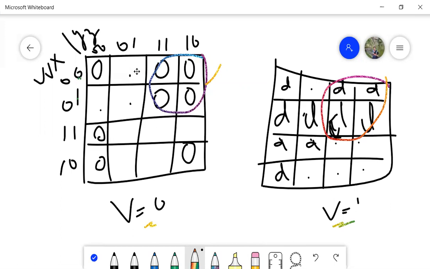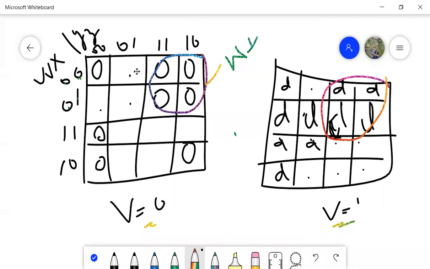What will be left out? 0, 0 will be left out. 0 represents W in POS format, and 0 will represent W bar in SOP format. Now I'm writing in terms of max term, so W plus, because I'm solving in max term, there will be a plus.